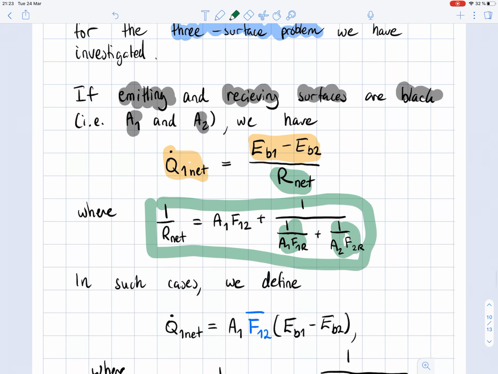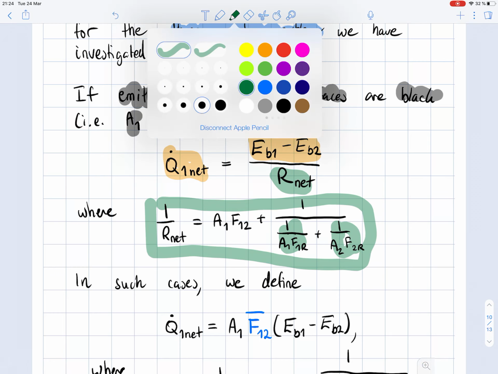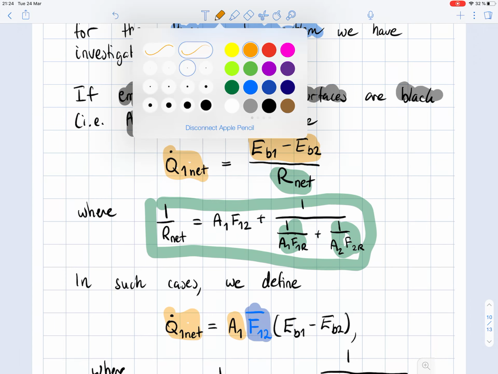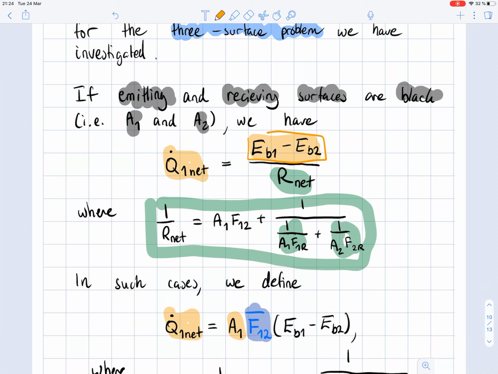In such a case, so for a black surface, we define that the net heat transfer rate Q1 net equals A1 times this F12 with an overbar multiplied with the difference in emissive power.